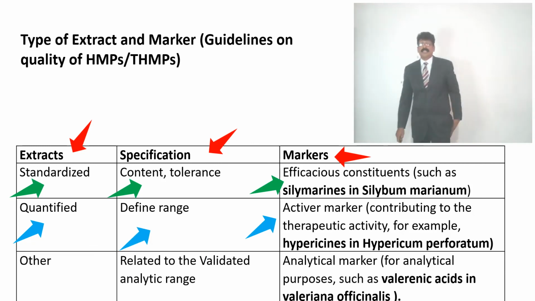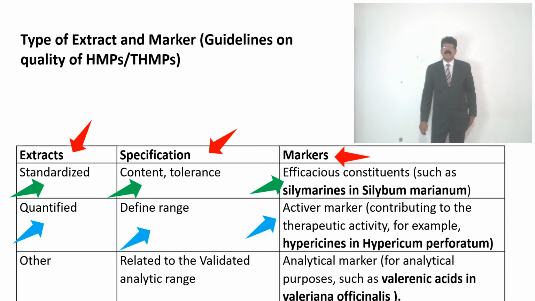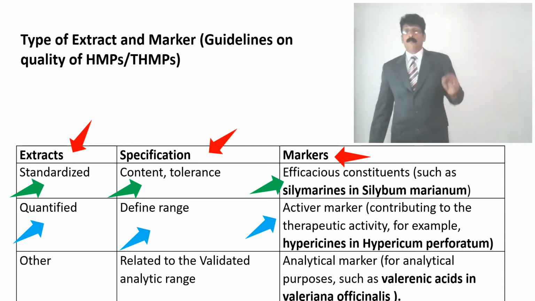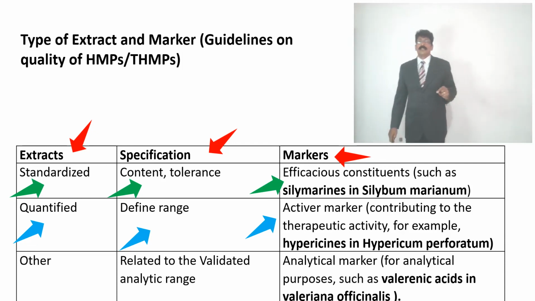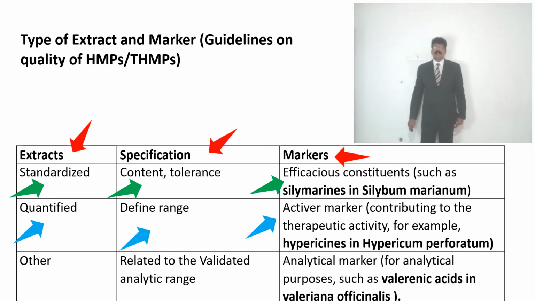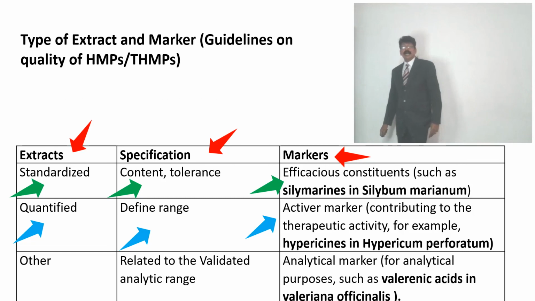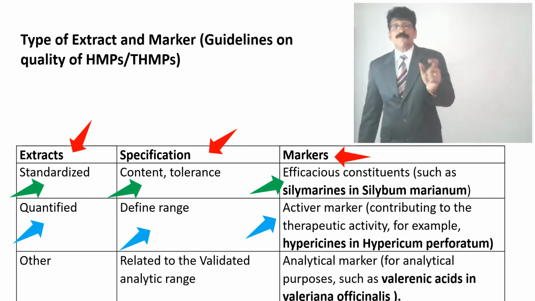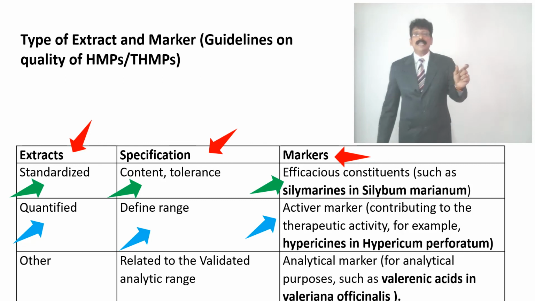For example, hypericins in Hypericum perforatum, perforatum being the species name. These are the constituents present, because we are quantifying a defined range.